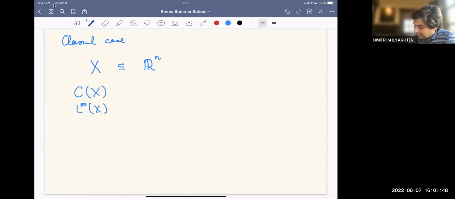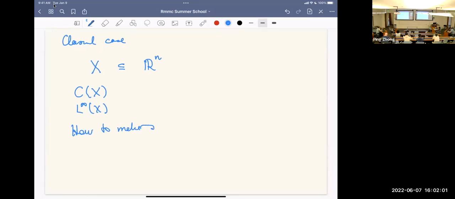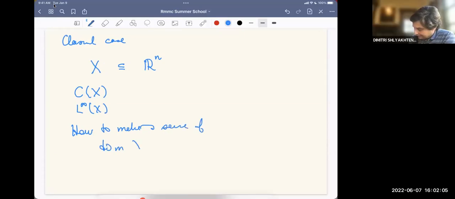And so these are functions on your set. And what you're interested in is how to make sense of the dimension of X.